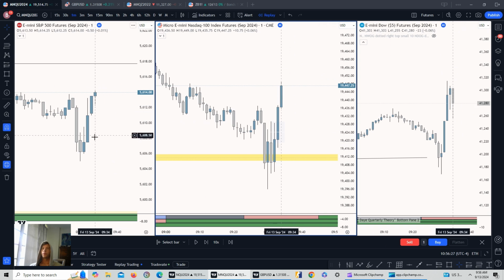extended it out. I didn't extend out the ES, only the NASDAQ, because I wanted to use the NASDAQ one to enter, and I knew price was bullish, so I don't even care about the ES really.